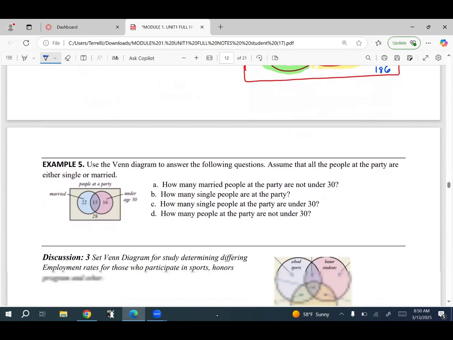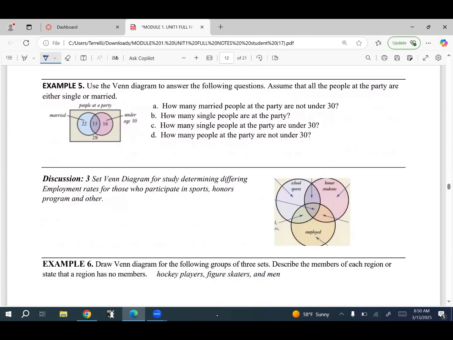Okay, let's take a look at example 5. In example 5, we want to use the Venn diagram to answer the following questions. Assume that all the people at the party are either single or married. So it says, how many married people at the party are not under 30? So let's look at this Venn diagram.